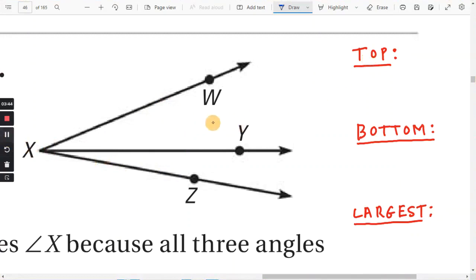For the one on top, we can say WXY. And with the three letters, you can always reverse it. We can say YXW. So that's the same thing. And the vertex X has to be right in the middle. Now for the angle on the bottom, YXZ.